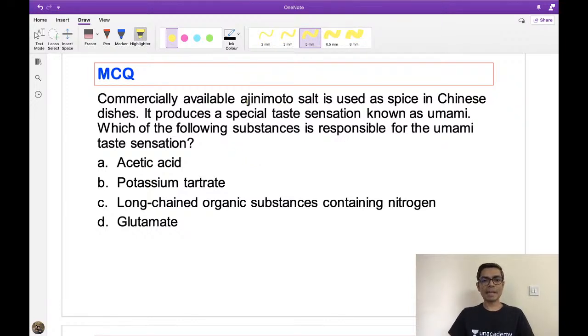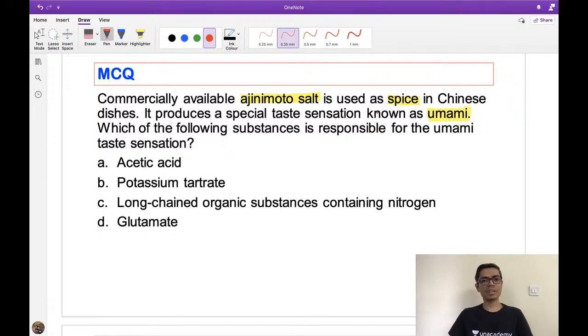Commercially available Ajinomoto salt is used as a spice in Chinese dishes. It produces a special taste sensation known as umami, right? So this is a NEET PG MCQ, umami taste. Now which of the following substances is responsible for this umami taste sensation? A very, very simple question, but we'll discuss some difficult things with this simple question. That is the main important thing here.